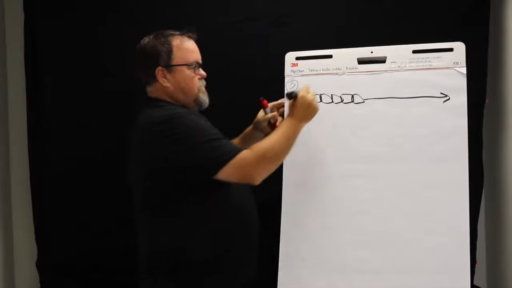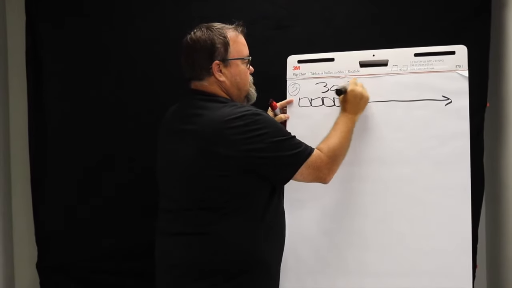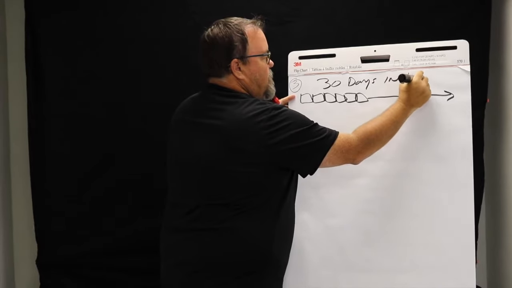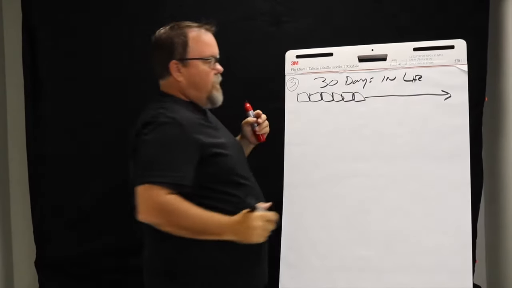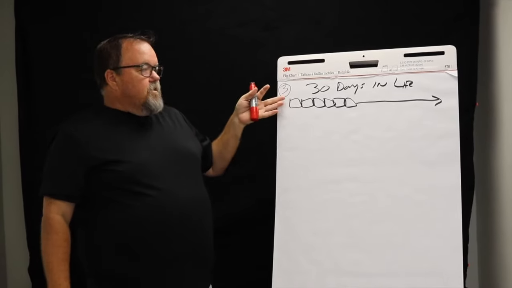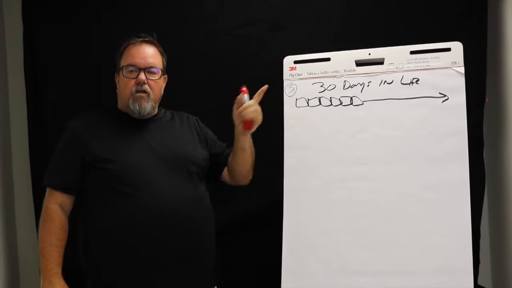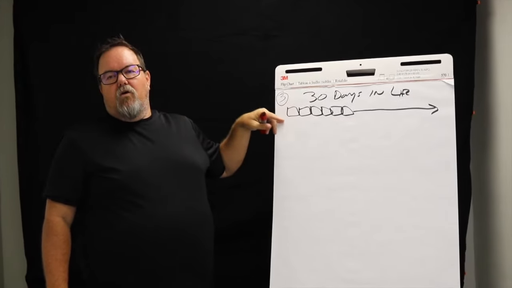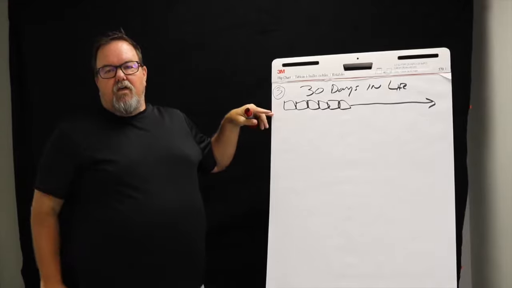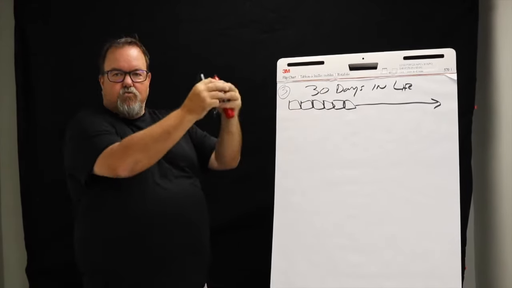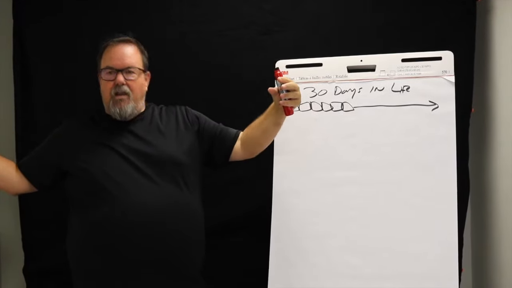So this is 30 days in the life. And this is kind of how Taki and I started, where we were just documenting everything he did every day. This is your ongoing stuff, it all gets dropped into 30 days in the life. You do a great video today while you're at the beach having coffee, and you have some insight, that drops into 30 days in the life. So this is really ongoing and never ending.